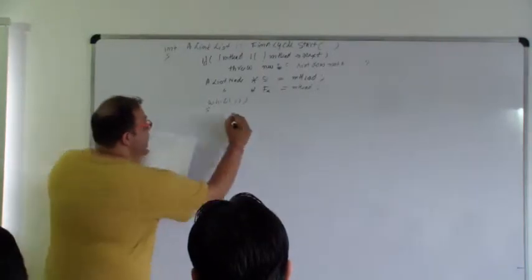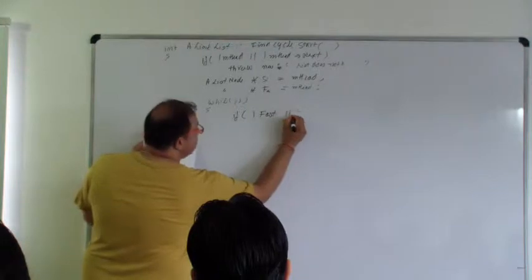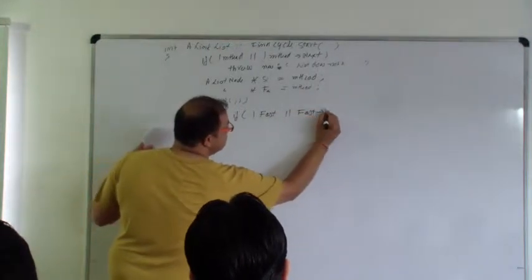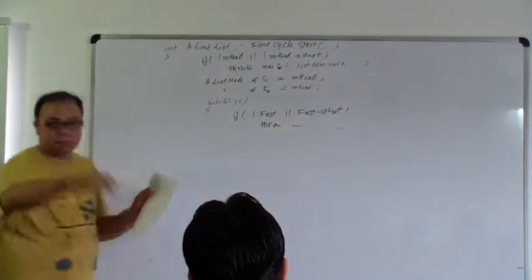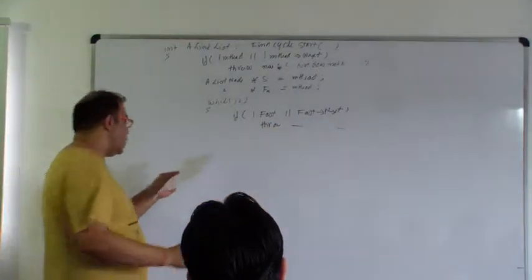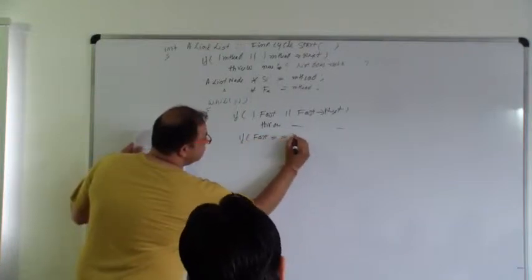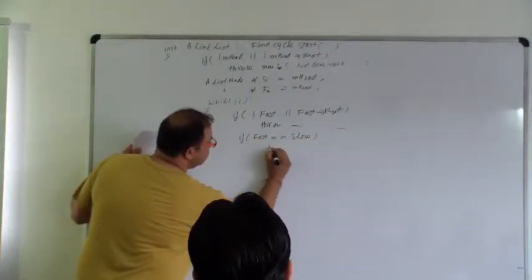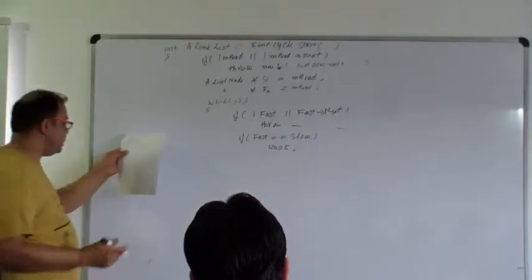Okay. Anyways, if not fast or fast arrow next, I'll throw an exception saying that is not a cycle. Otherwise, if fast is equal to slow, I break, because both of them have met.